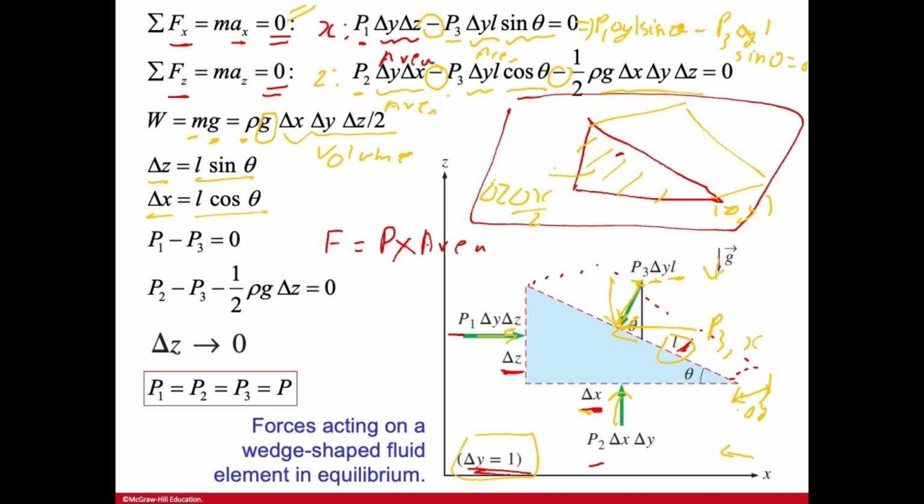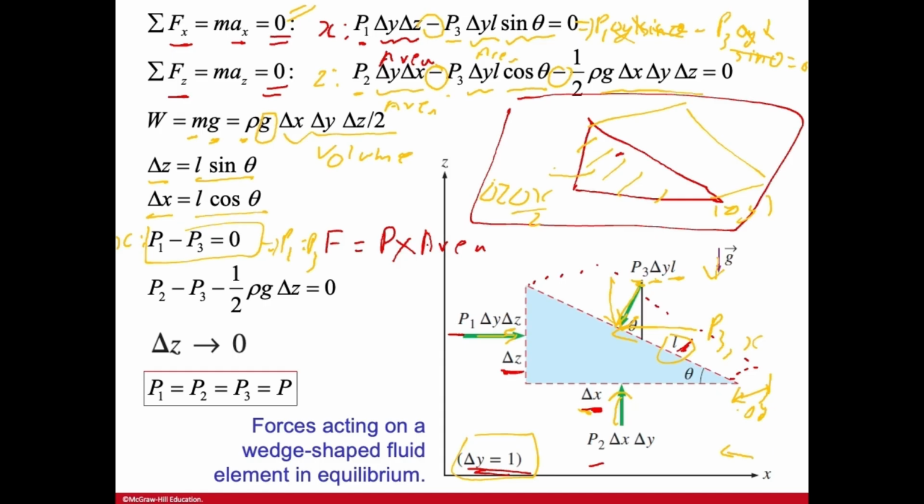So delta y cancels, L cancels, and sine theta cancels away. So essentially the force balance in x states that P1 minus P3 is 0, or the other way to put it is P1 is equal to P3.